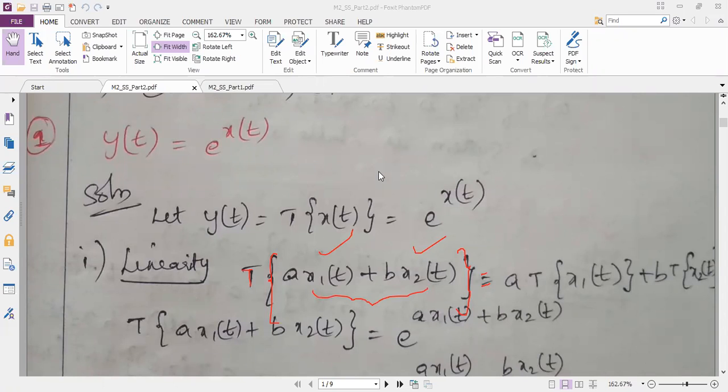If I take the T operator individually inside, can I take the scaling factor, which is a constant, outside the operator? So it is a into T of x1 of t plus b into T of x2 of t. I'm just doing it very slowly because it is very important. If I explain one problem properly, the other problems I need not explain in detail.